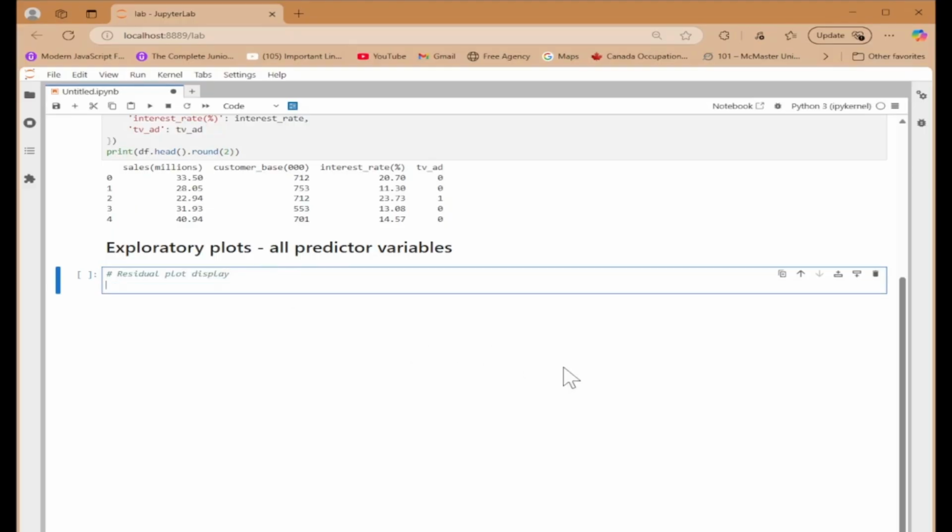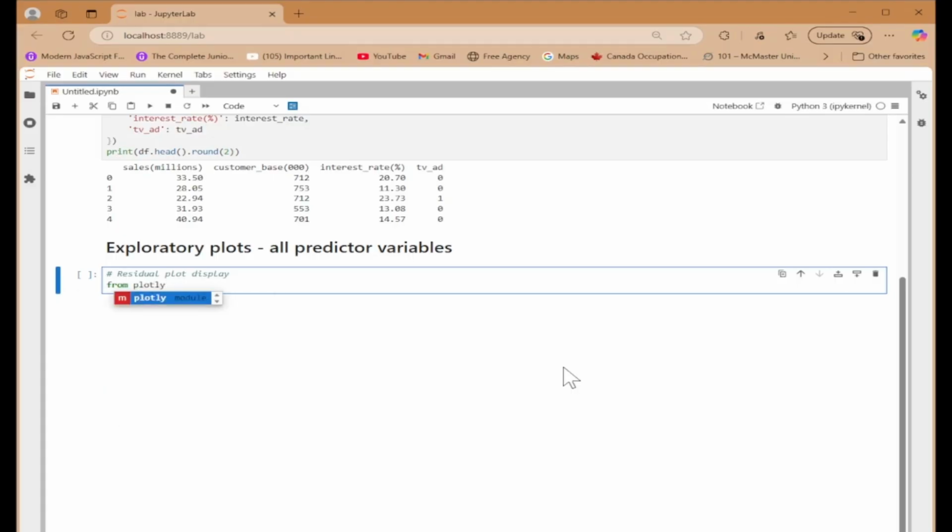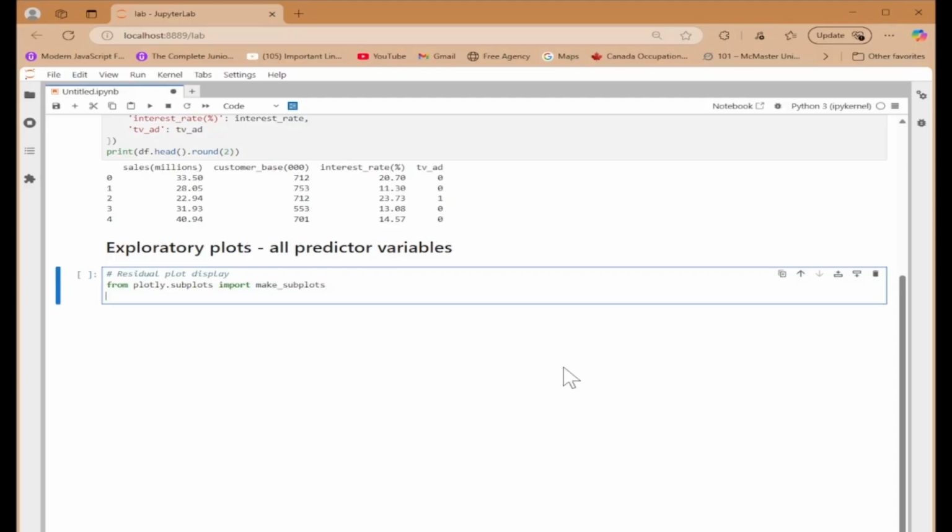So for that, I'm going to use Plotly: from plotly.subplots import make_subplots. Okay, that is the library we're going to use. fig equals make_subplots.